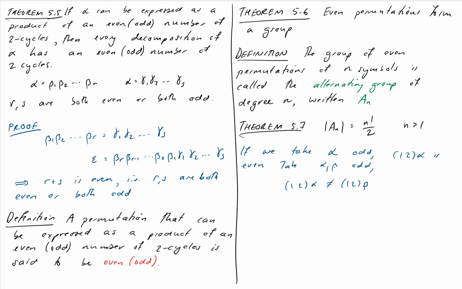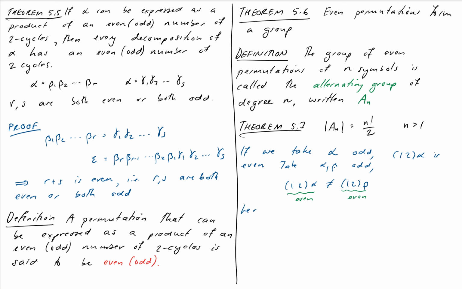So what this says is that if I take all of my odd permutations, they're never going to be equal to each other if I multiply them by (1 2). So there are at least as many even permutations as odd, because these two are both even, right? I've taken an odd permutation, I've multiplied it by a single two cycle, so the result will be even.